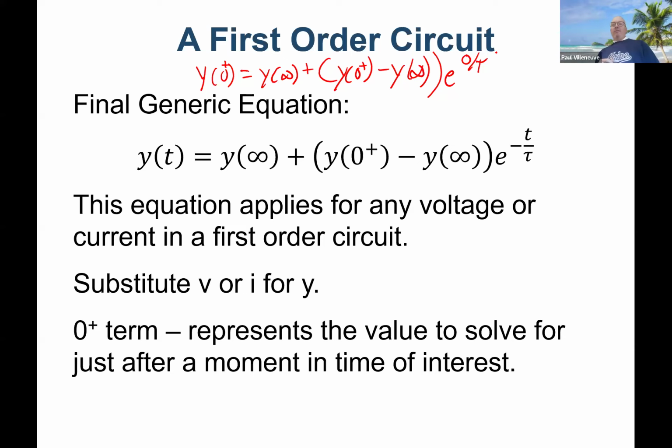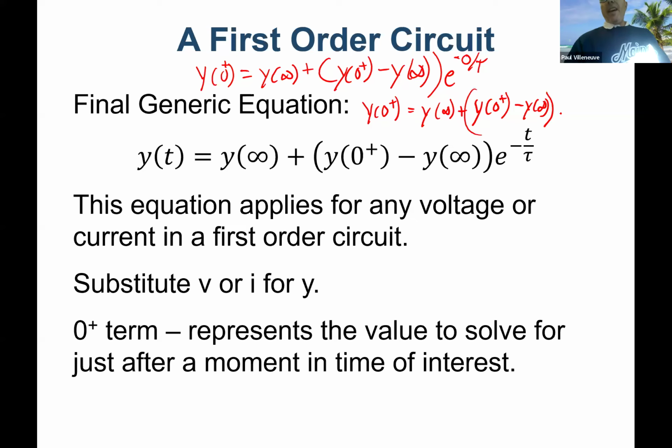Or e to the 0? It's 1. Anything raised to the 0 power is 1, correct? So my y of 0 plus is equal to y of infinity plus y of 0 plus minus y of infinity, that whole thing times 1. These terms cancel, and doesn't that make sense, that y of 0 plus equals y of 0 plus?